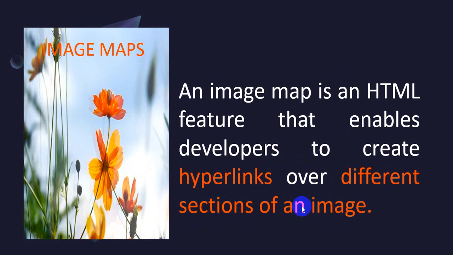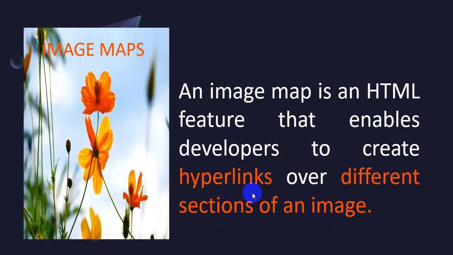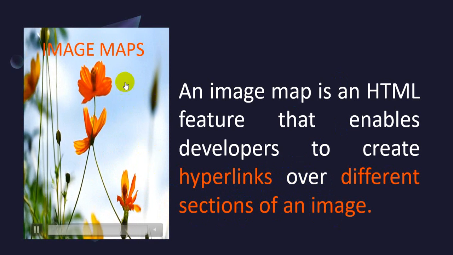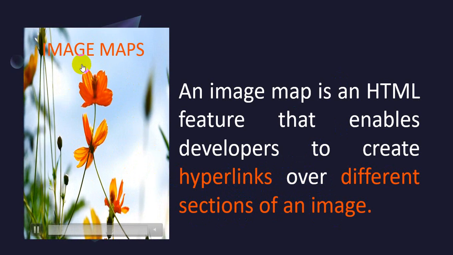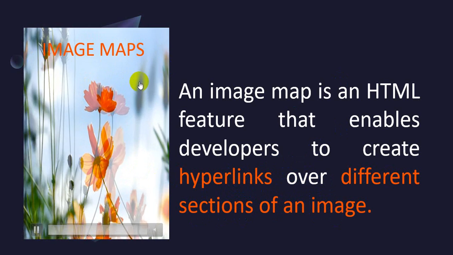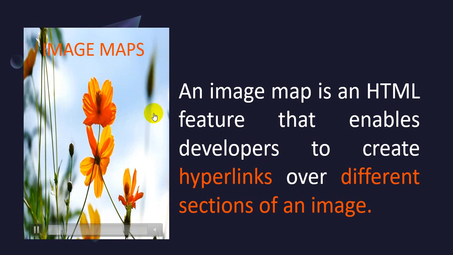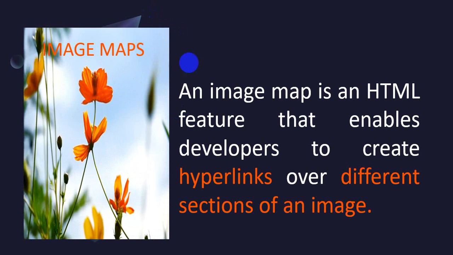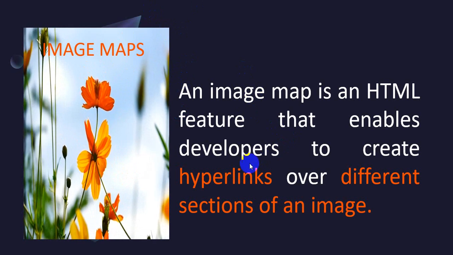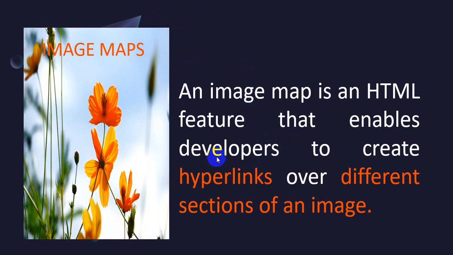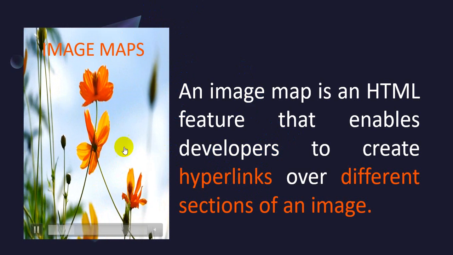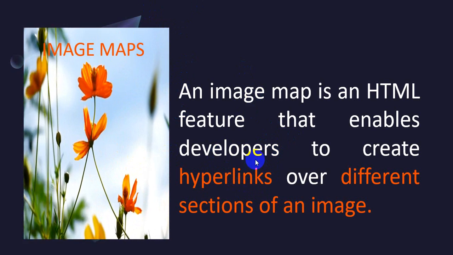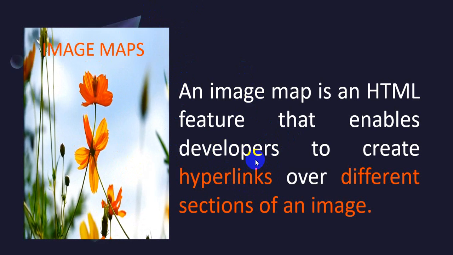The image will be single, and on that image the developer will create multiple hyperlinks on different sections. Our image is nothing but a combination of pixels, yes or no? So on a particular pixel you can give a hyperlink, and we will open different HTML pages or websites.